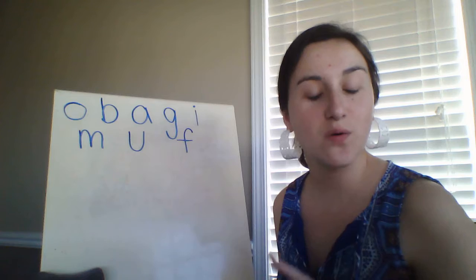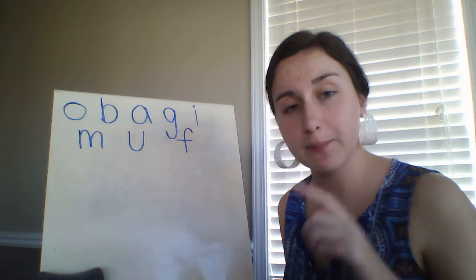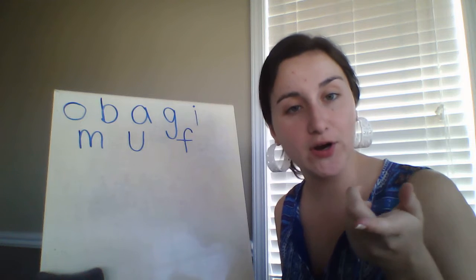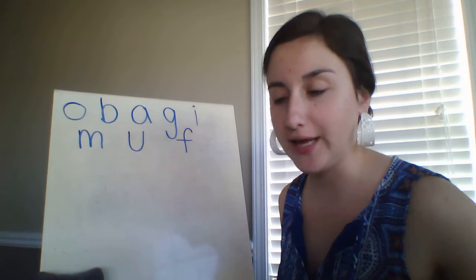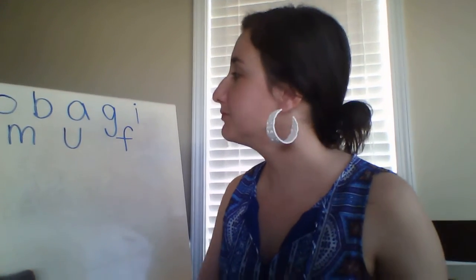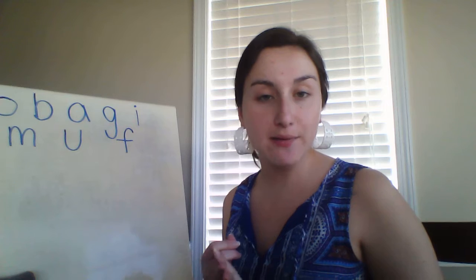Okay. So once again, the goal for this would be for the students to repeat the sound that they hear and then write the letter that represents the sound that they are hearing. So now we have read sounds and we have spelled sounds.